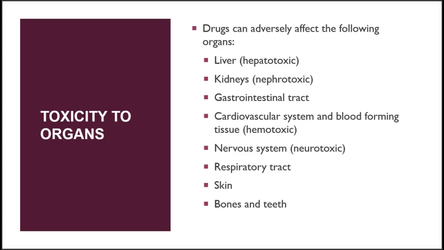So different drugs can be toxic to different structures, and that includes the liver, the kidneys, the GI tract, sometimes the cardiovascular system, or blood-forming tissue in the bones, the nervous system, respiratory tract, skin, bones, and teeth. Each of these different tissues can experience some kind of toxic side effect.